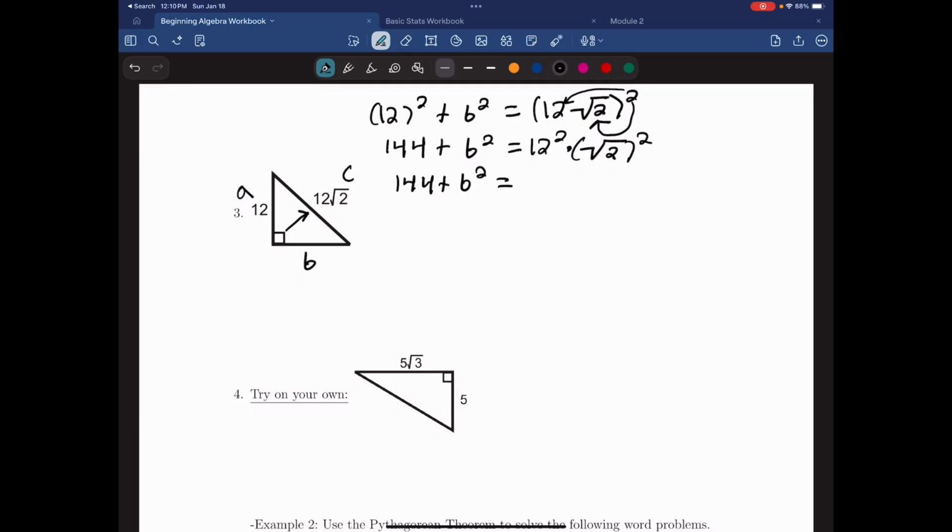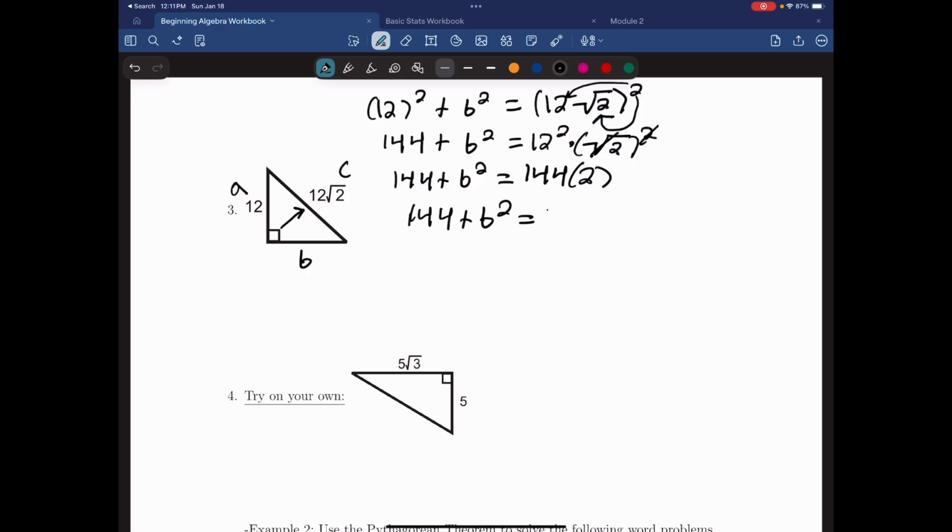And 12 squared is 144. And the square root of 2 squared, because we have the square and the square root, these cancel, and you just get 144 times 2. Simplifying a little bit more, we get 144 plus B squared equals 144 times 2, which is 288.